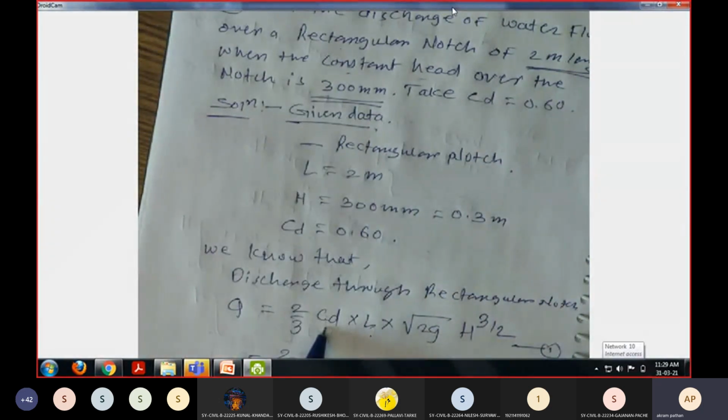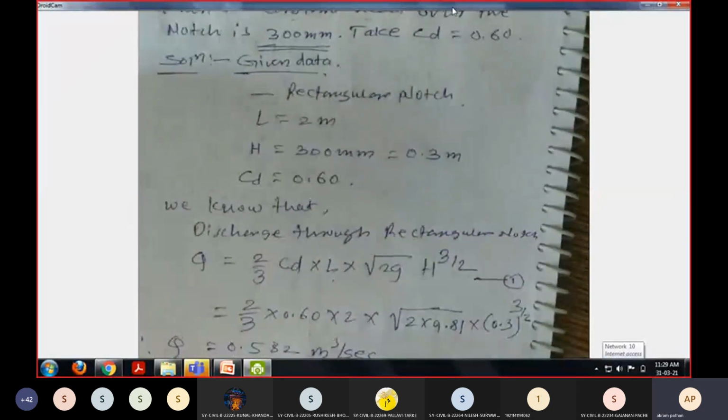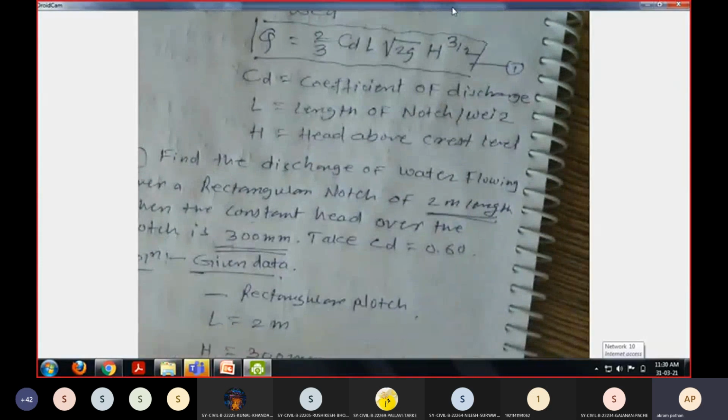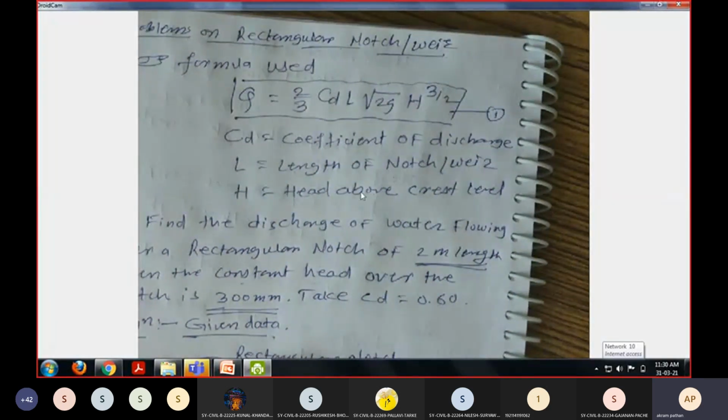The value of CD will be given, the length will be given, and the head above the crest level is also given. So if you remember the formula for a rectangular notch or weir, 2/3 CDL root 2G h raised to 3/2, then you can compute the discharge. So this is about the rectangular notch and weir. In the next lecture we will see another derivation for the triangular notch or weir.